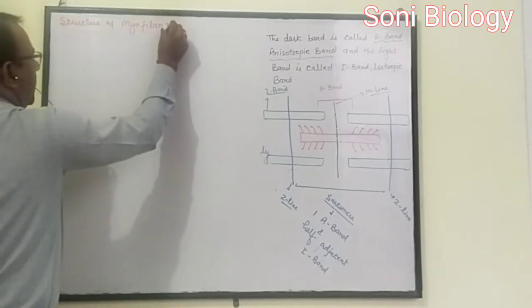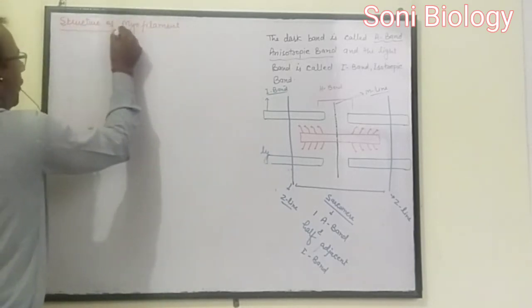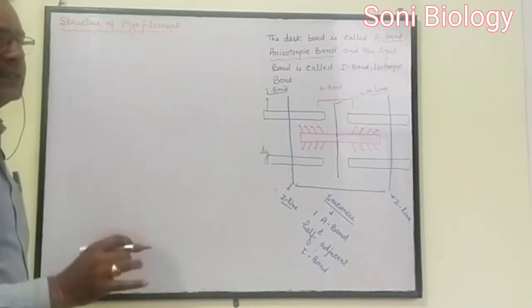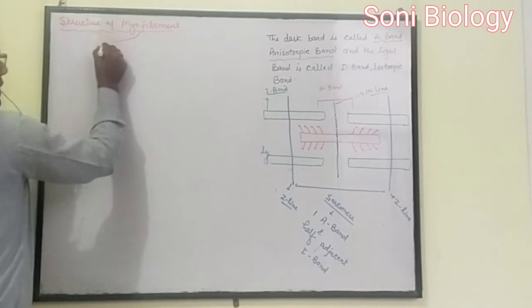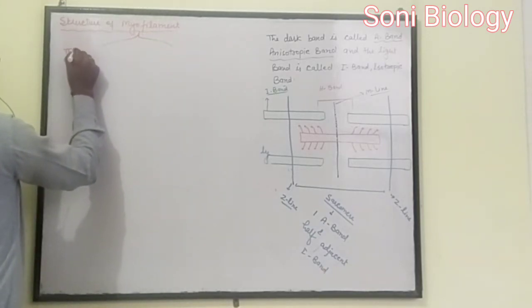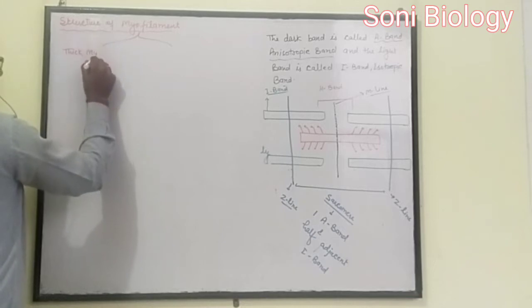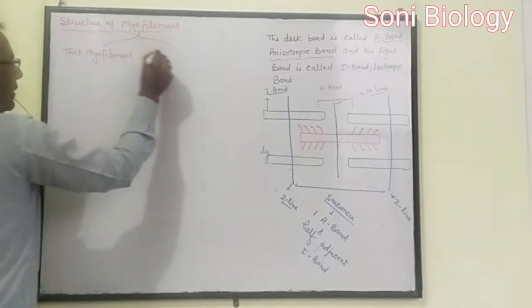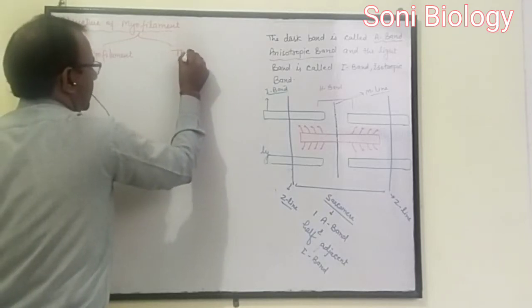As we have studied, there are two types of myofilaments. One is thick myofilament and the second one is thin myofilament.